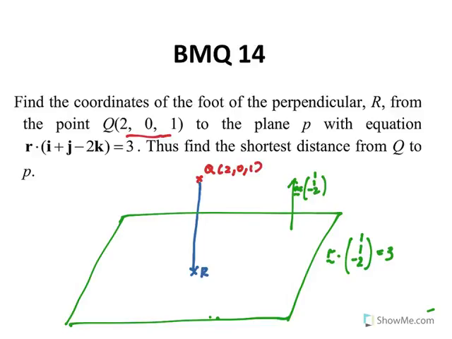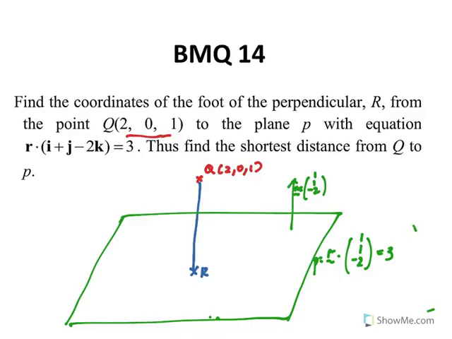Now let's try to find the equation of the line RQ or QR. We have the position vector (2, 0, 1). The normal vector is also the direction vector of your line RQ.